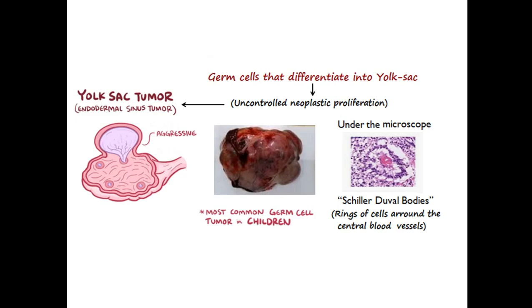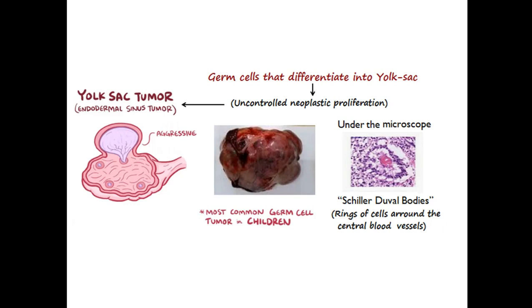Now, coming to the yolk sac tumors, the yolk sac tumors or endodermal sinus tumors are those tumors that arise from the precursor cells that are supposed to develop into the yolk sac. The yolk sac, as you know, provides nutrition to the embryo, and later on most of the yolk sac is incorporated into the gastrointestinal tract.